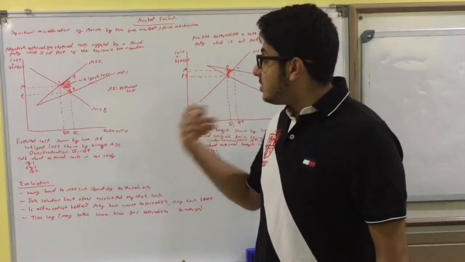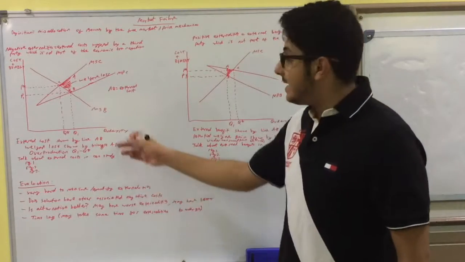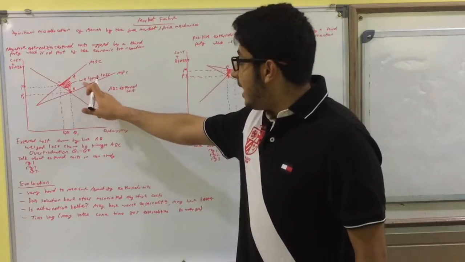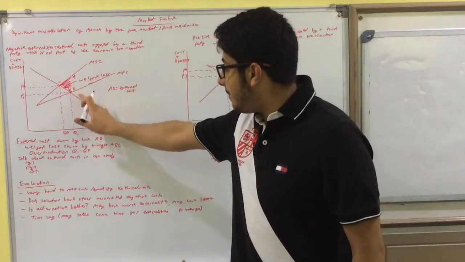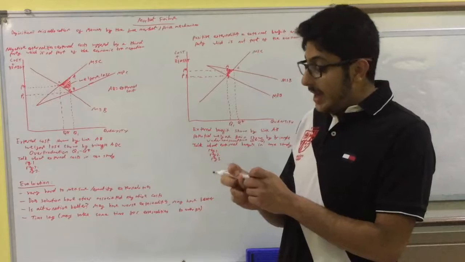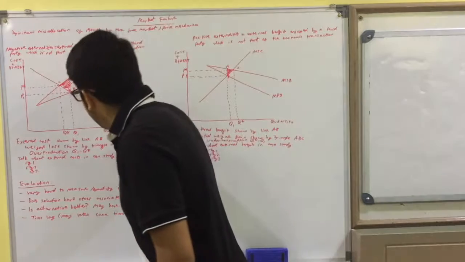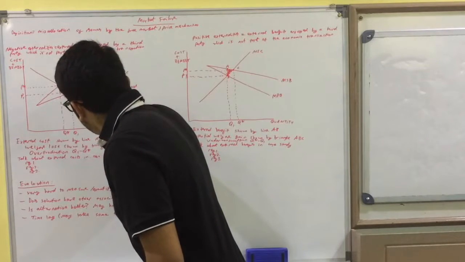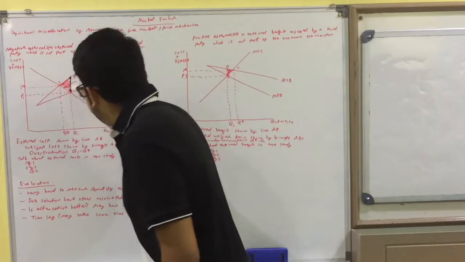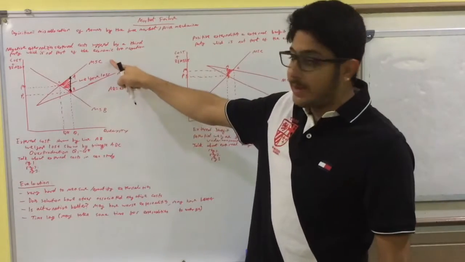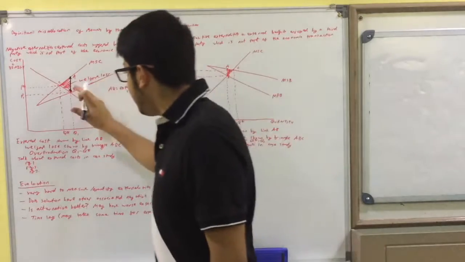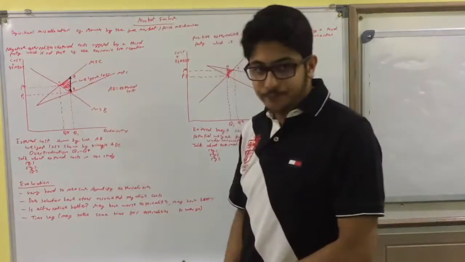As a result of this overproduction, there is a net welfare loss as shown by the triangle ABC. The external cost can be shown by the distance between MPC, marginal private cost, and MSC, marginal social cost. So the line AB.